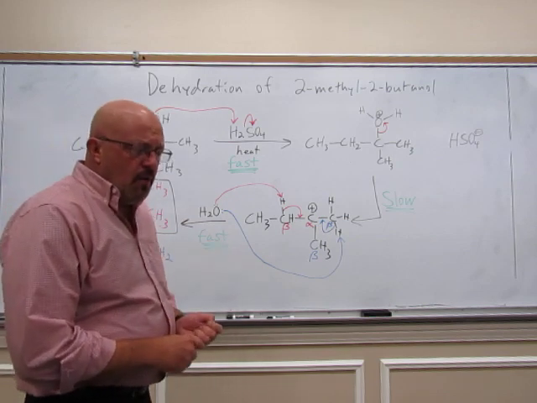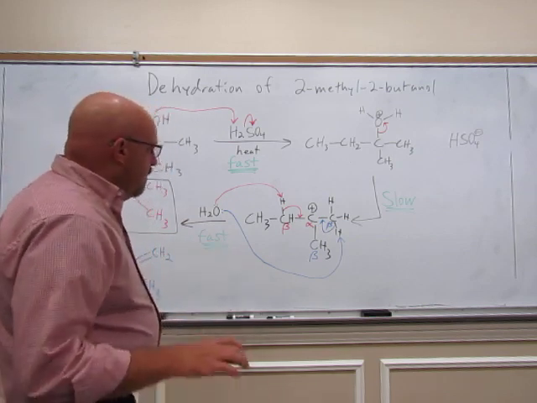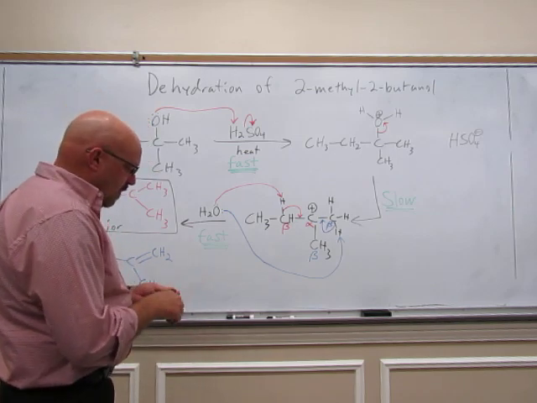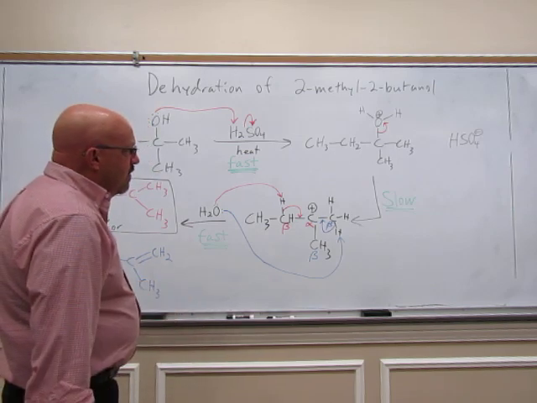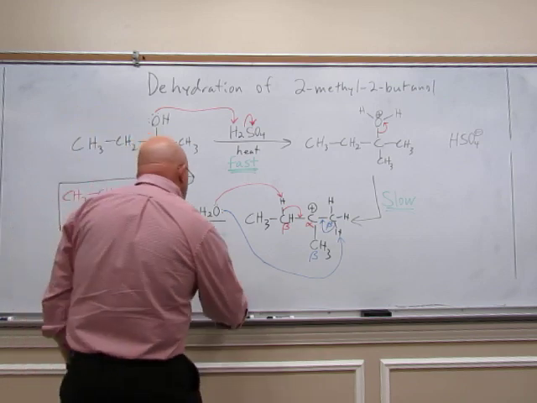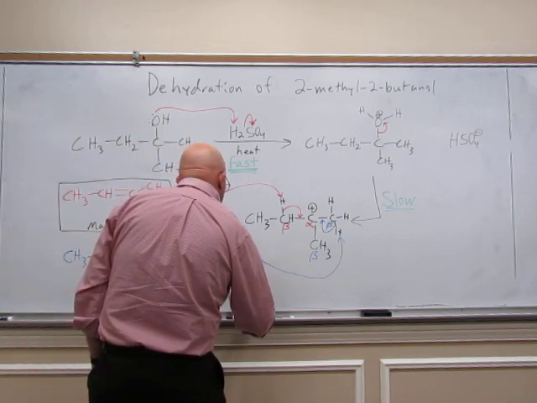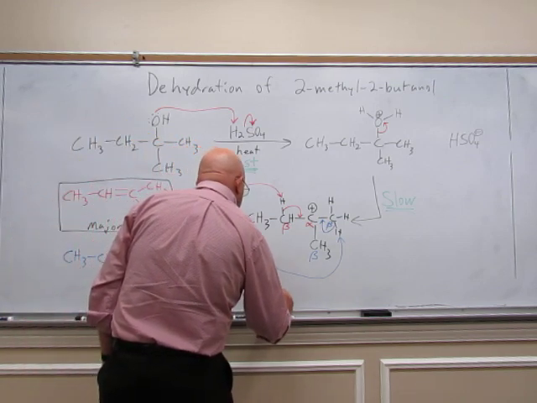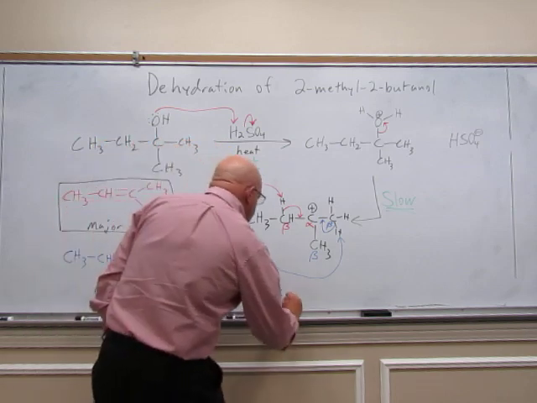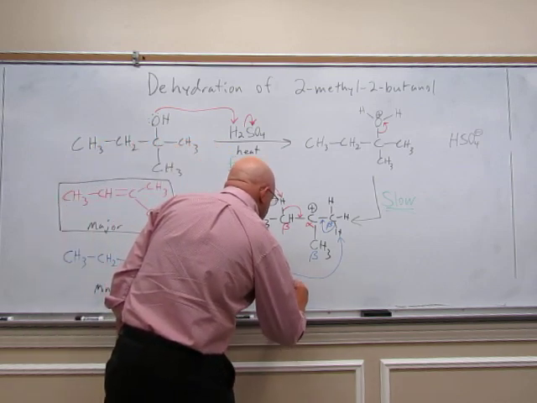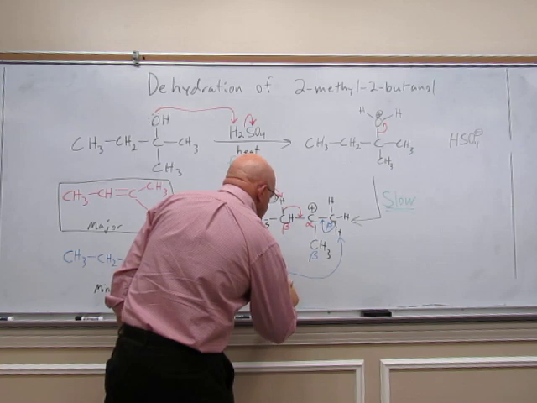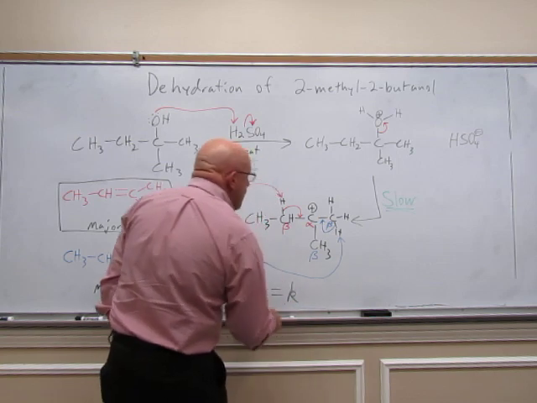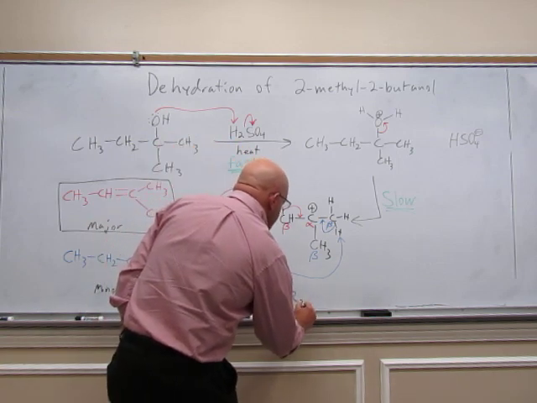So if you recall, our rate depends on the rate constant of the slowest step. So the rate of this reaction equals the rate constant of the slowest step, and I'm going to call that k2.